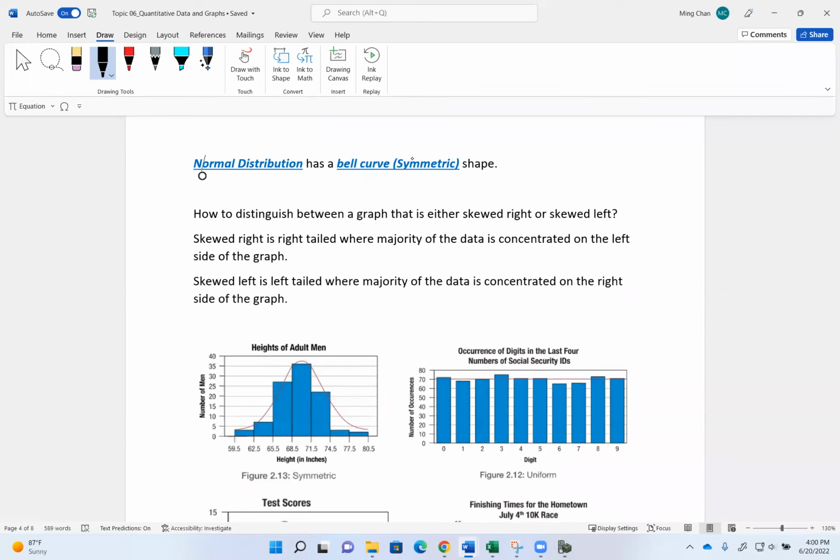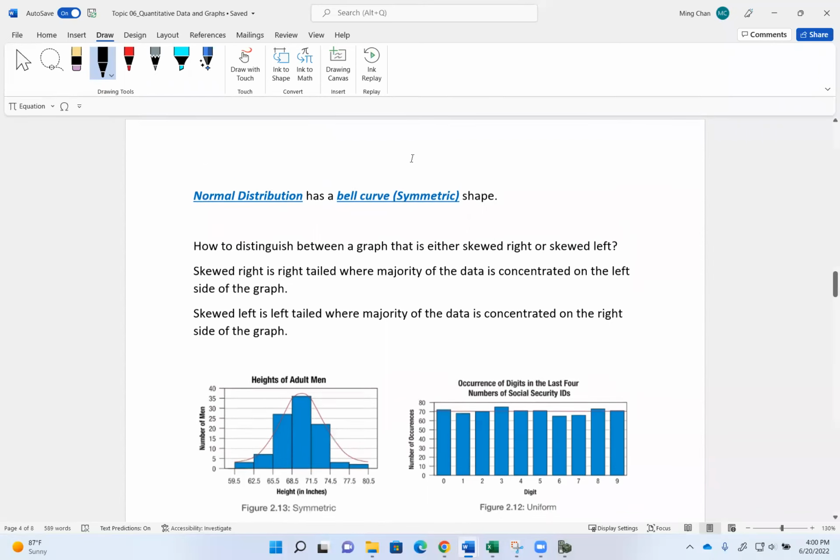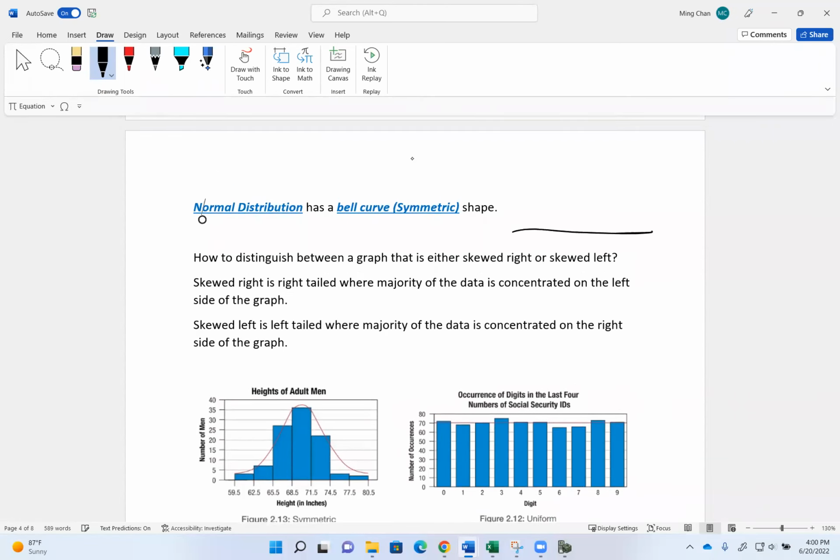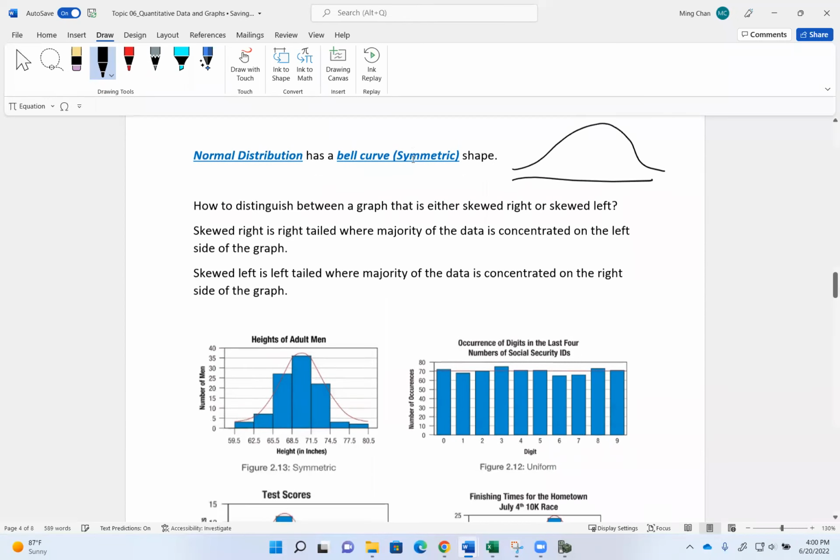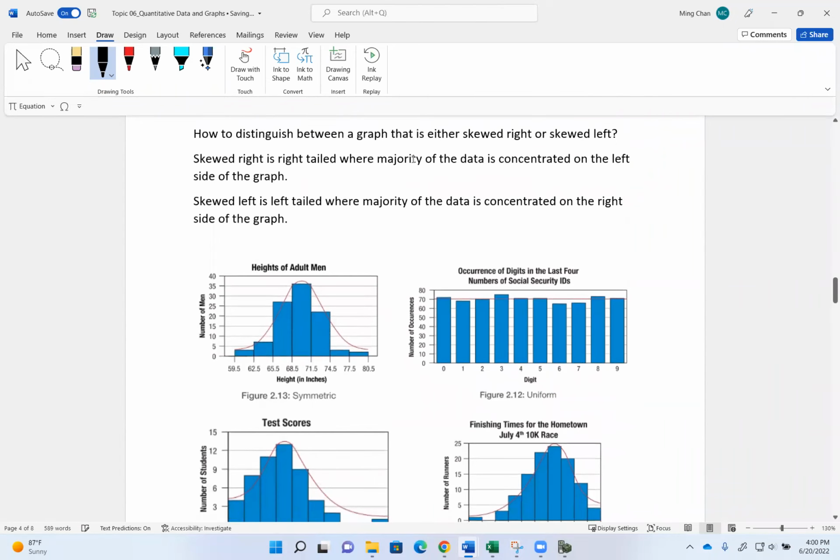It looks something like this picture. What that picture means is the mean is in the center. The mean of the distribution lies in the middle of the entire bell curve shape. We will talk more about this in other topics. We actually talk a lot about this bell curve shape in this class.